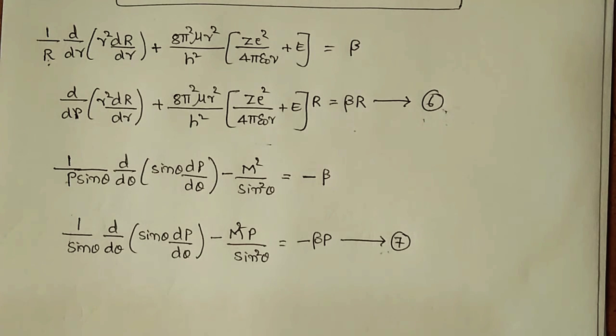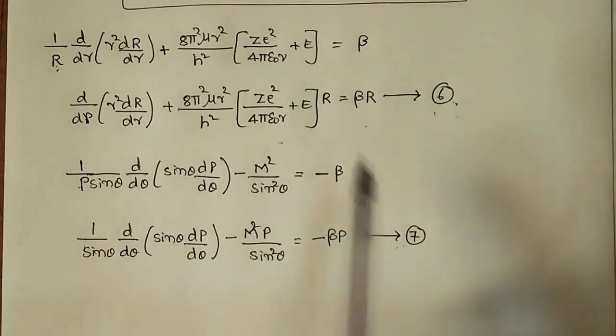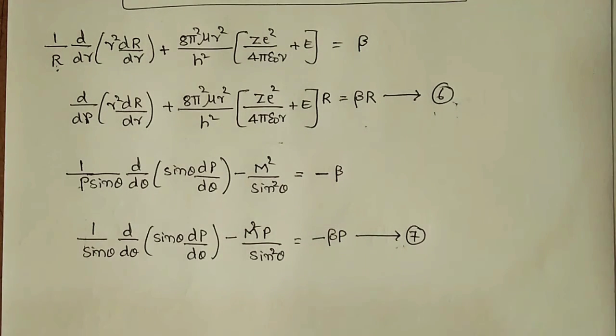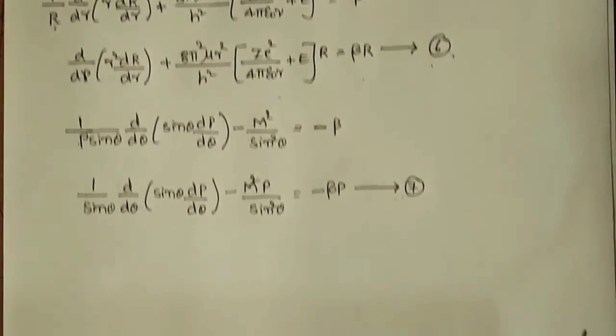Now when you solve each equation, that is equation 5, equation 6 and equation 7, we will be getting 3 solutions again, and those solutions will give a clear explanation regarding the properties of the electron. Now we shall go with the same.